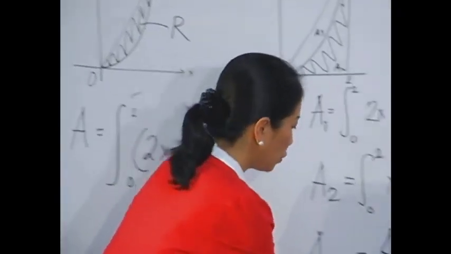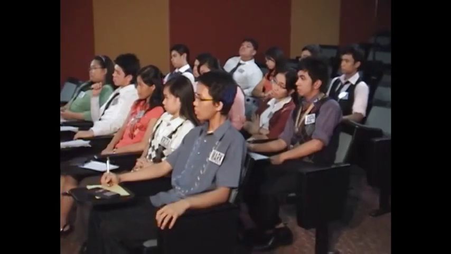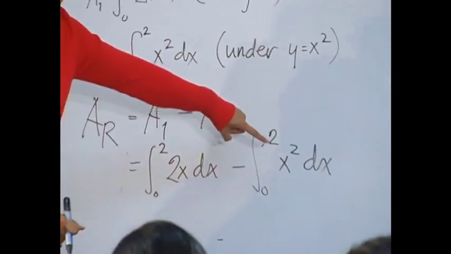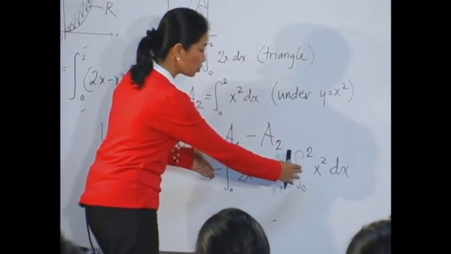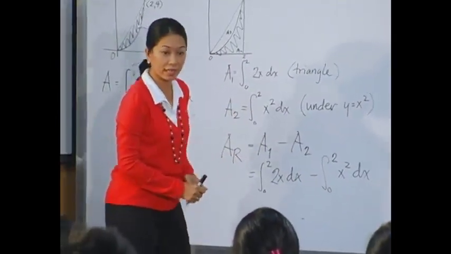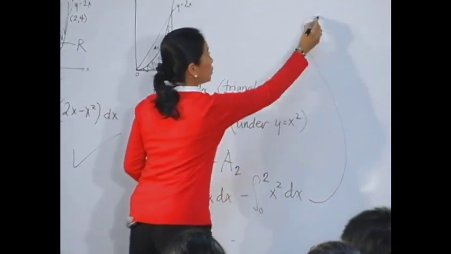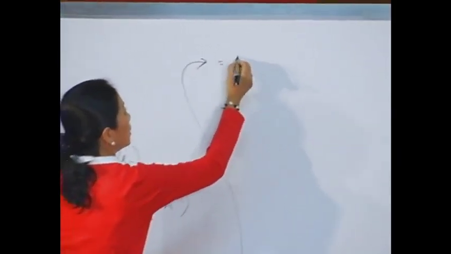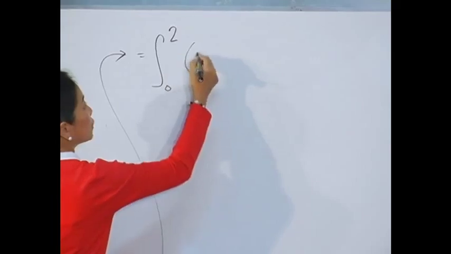So if we do it one integral at a time, look at that. From these two individual integrals, by linearity of integrals, we can combine them into a single expression. We have the same boundaries, 0 to 2.